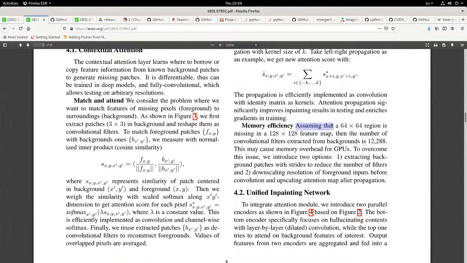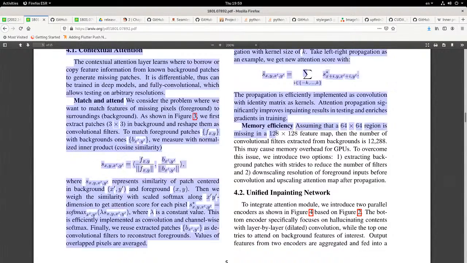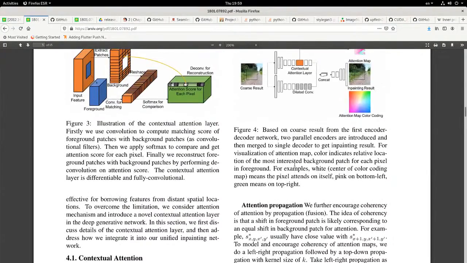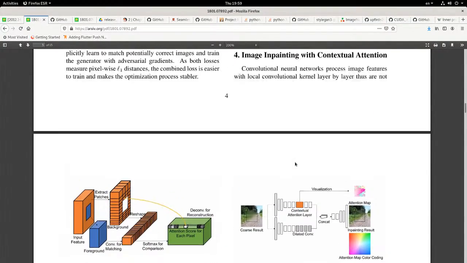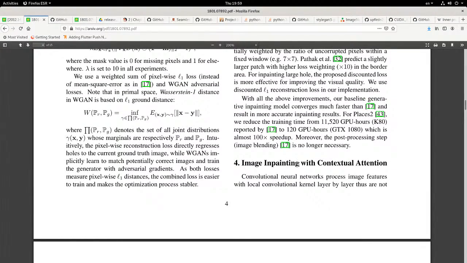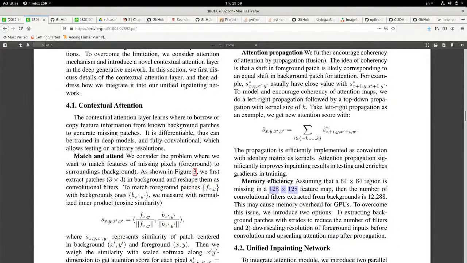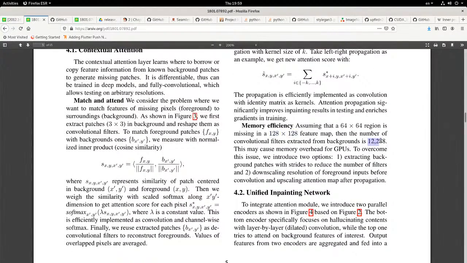Memory efficiency. Assuming that a 64 by 64 region is missing in a 128 by 128 feature map, then the number of convolutional filters extracted from backgrounds is that.